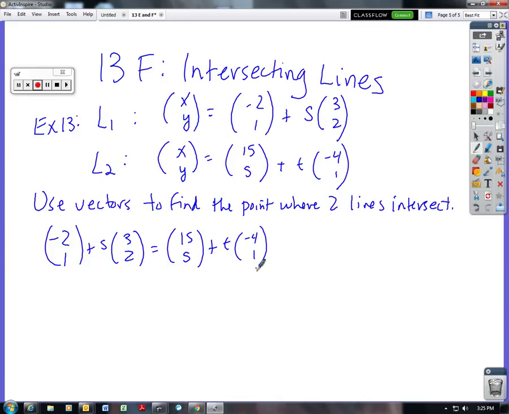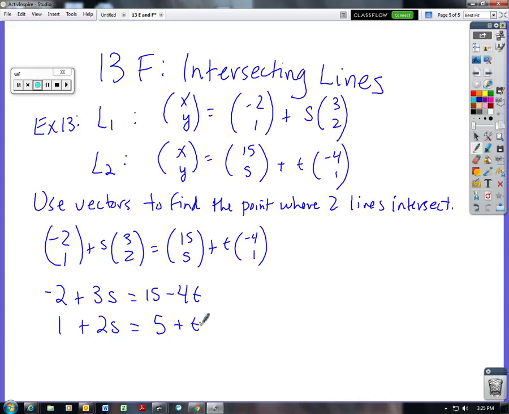You're going to have a couple of equations here. One deals with the horizontal components: -2 plus 3s equals 15 minus 4t. And then the vertical would be 1 plus 2s equals 5 plus t.